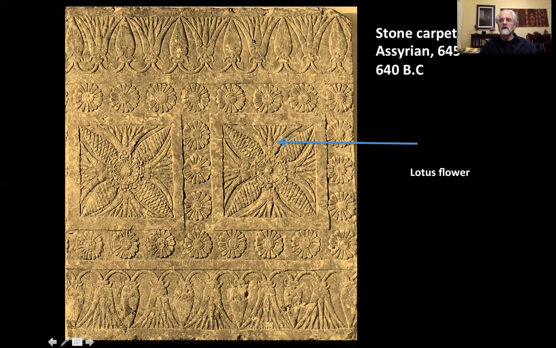So typically in carpets, you see a side view or you see a top-down view. And here's a top-down view of the same floral element. Now it's been spread out. And we refer to this as a lotus pattern, a lotus flower. And it's a very important motif, which developed a long, long time ago, probably in Egypt. Now, I'll come back to that in a minute.